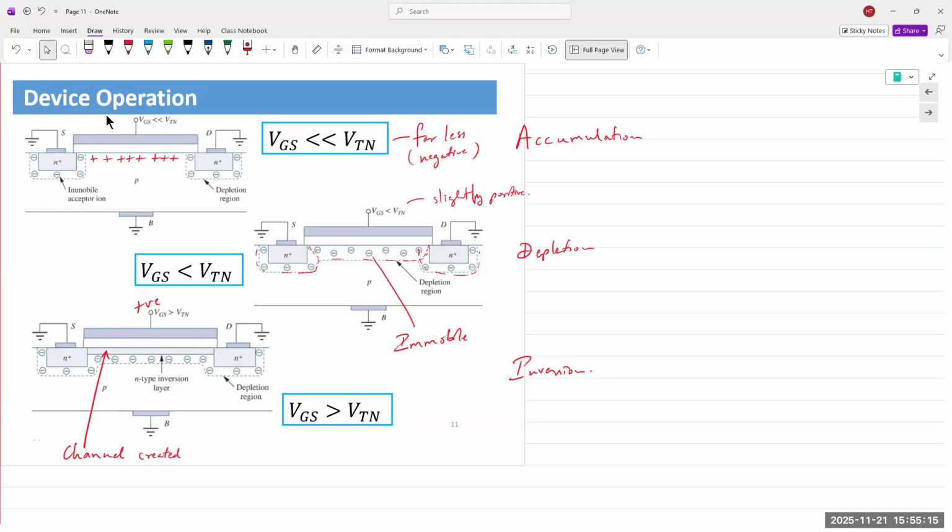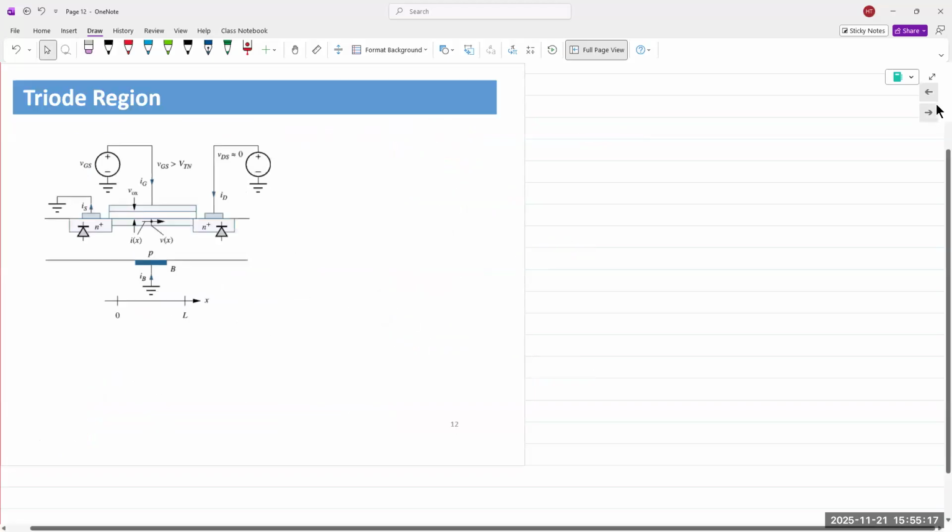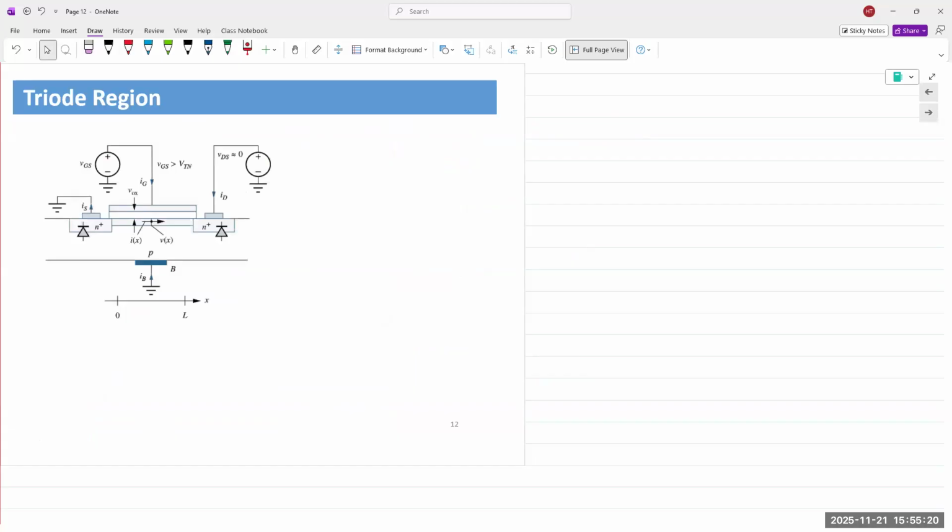Okay, so now if you apply voltage between the drain and the source, current will start flowing because electrons will be able to flow from the drain to the source. You apply a voltage VDS, similar to the collector and the emitter of a transistor.